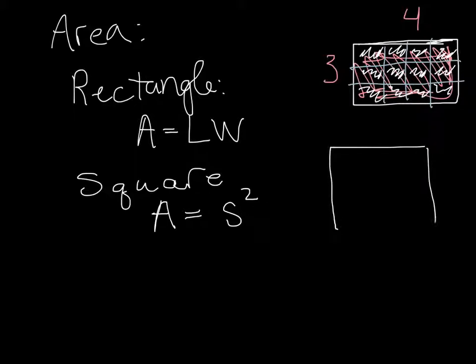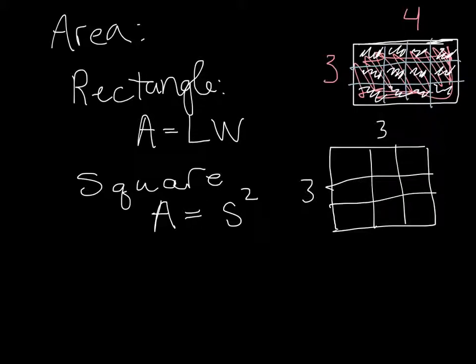For instance, if I had a 3 by 3, 3 times 3, or 3 squared, is going to get me the same answer. And then the last thing that we need to know the area of is a parallelogram.